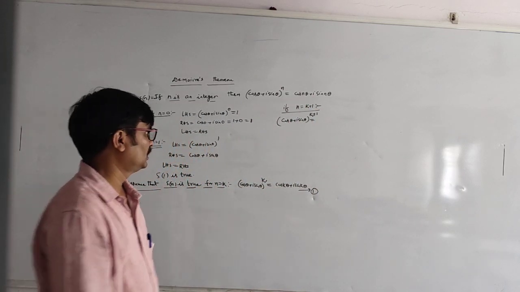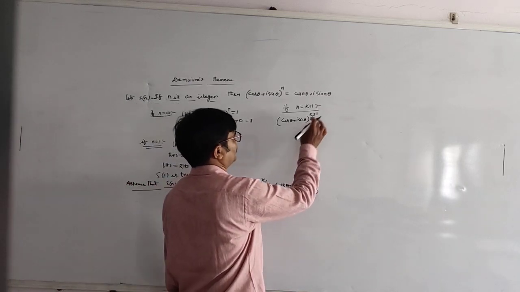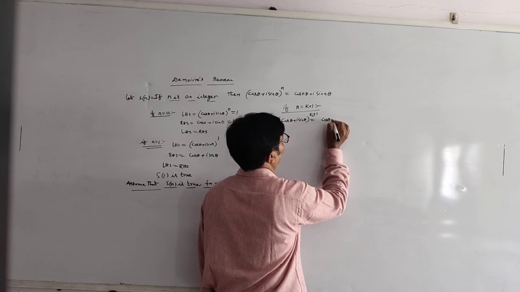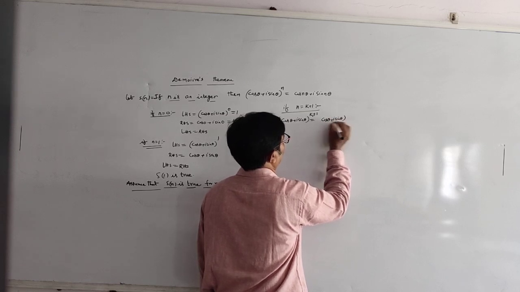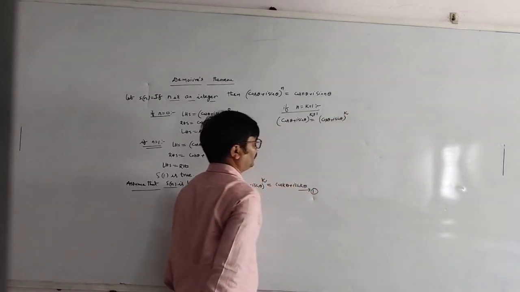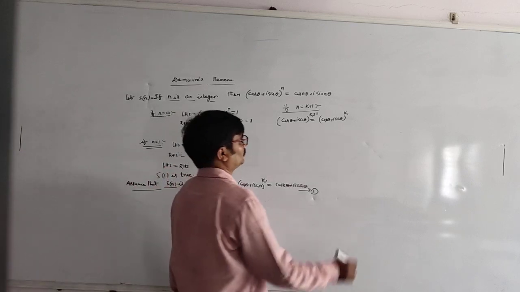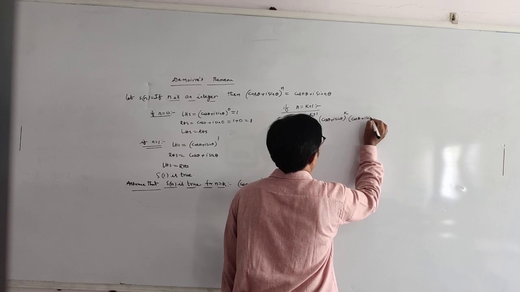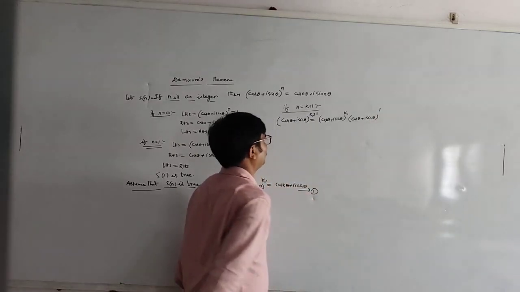So students, (cos theta plus i sin theta) whole power k plus 1 can be written as (cos theta plus i sin theta) whole power k into (cos theta plus i sin theta) whole power 1.